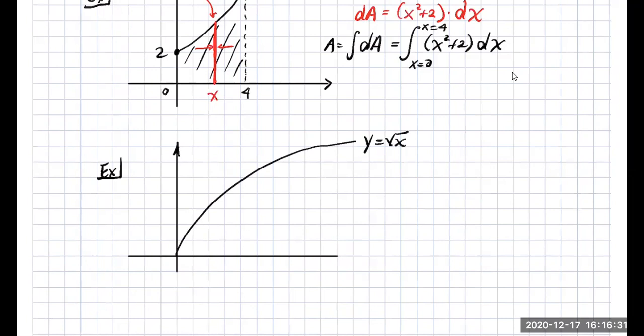Okay, and let's suppose underneath of that, we have the basic squaring function. And the area trapped between those two curves would be this right here. And we would like to calculate the area of that region.